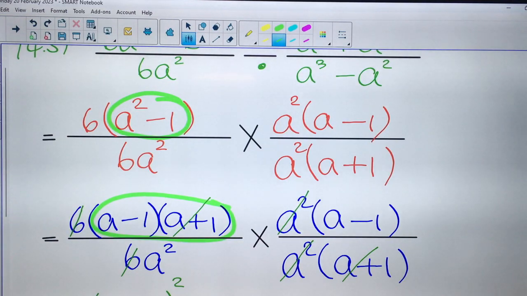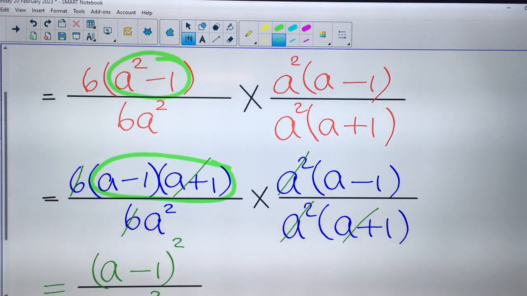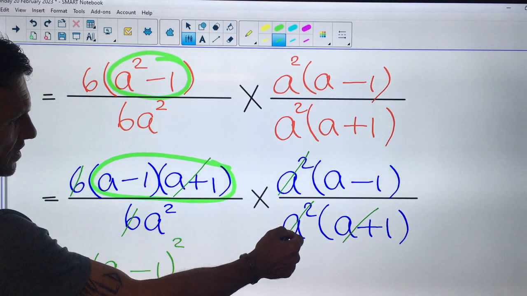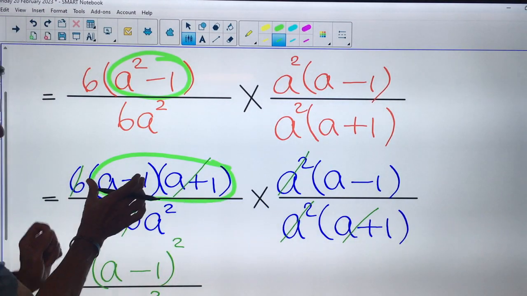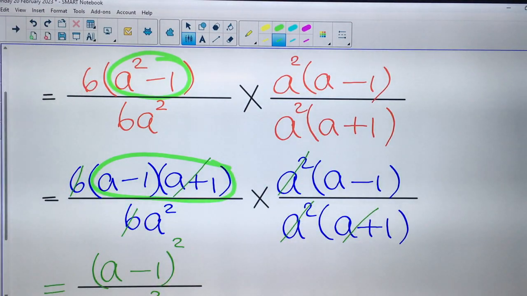So once everything is factorized, I cancel out as far as I can. So now you can see that the 6 here cancels with the 6. The two a squares cancel each other. A plus 1 cancels out with this one. So on top we are left with the a minus 1 times the a minus 1.